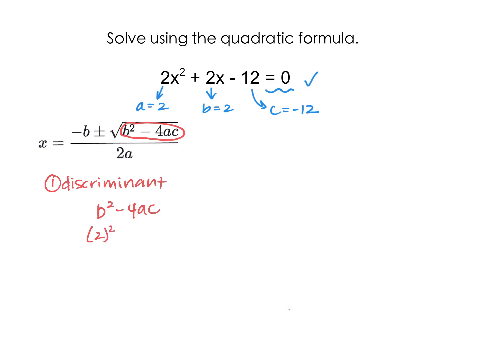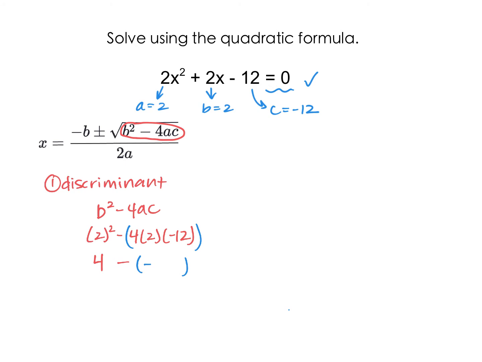So I'm going to plug in my values into this part of the formula, b squared minus 4ac. b is 2, a is also 2, and c is negative 12. This often is the part where most folks make a mistake if they are going to make one on the quadratic formula. 2 squared is 4. Now I'm going to be subtracting the product of these three numbers. So I'm going to multiply 4 times 2 times negative 12. So I know I'm going to be subtracting a negative number here.